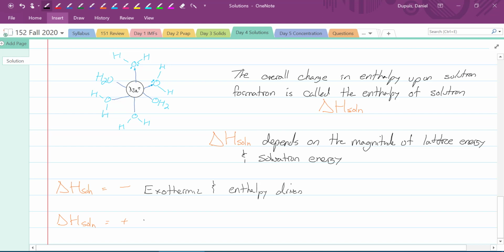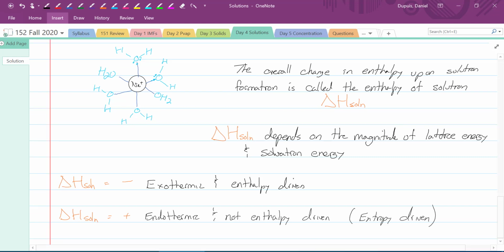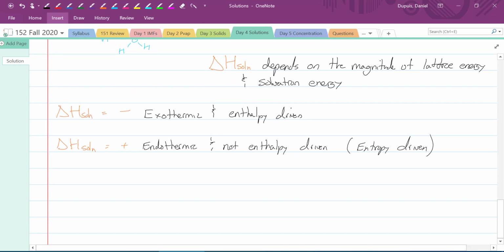If it's positive, it's endothermic, and it's not enthalpy driven. It's actually entropy driven. Those words are very close together.